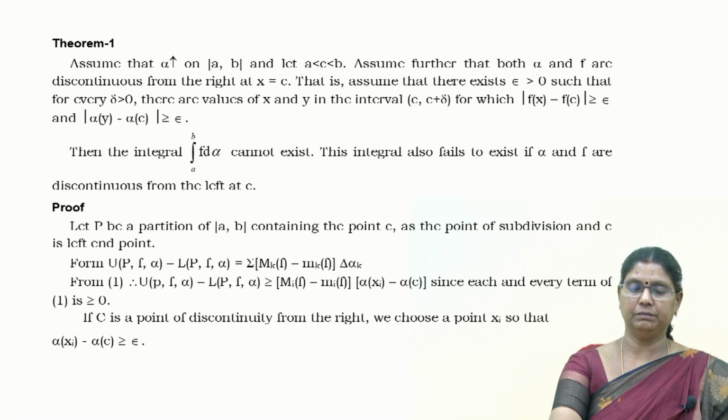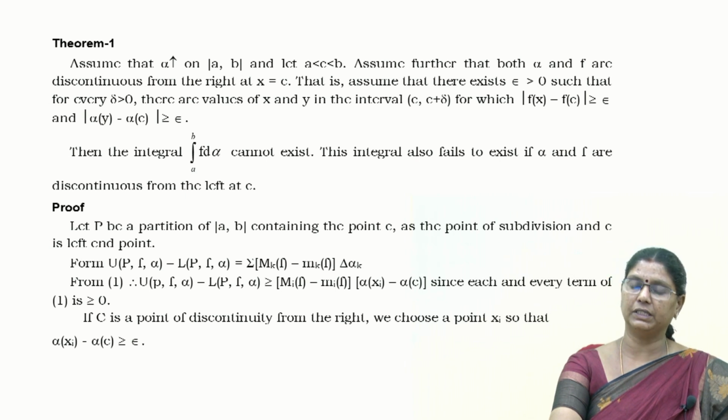So, the next theorem tells the necessary condition. Assume alpha is increasing on the closed interval [a, b] and let a less than c less than b, and further we assume that both f and alpha are discontinuous from the right at x equals c.